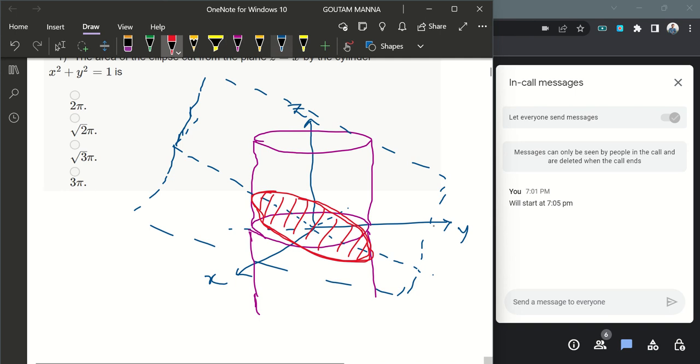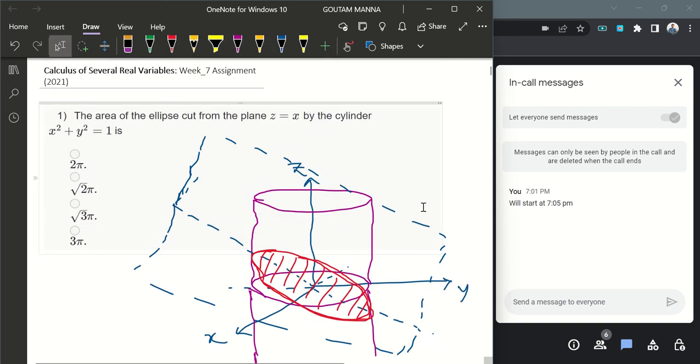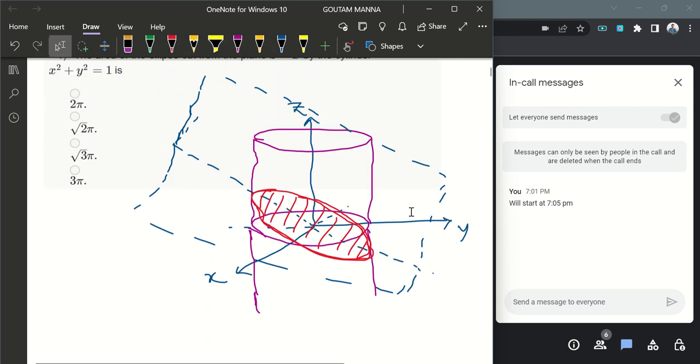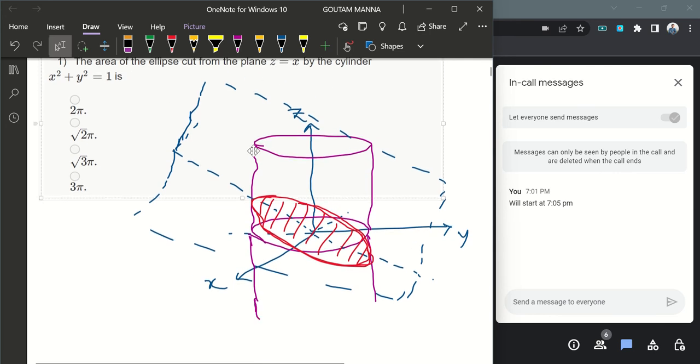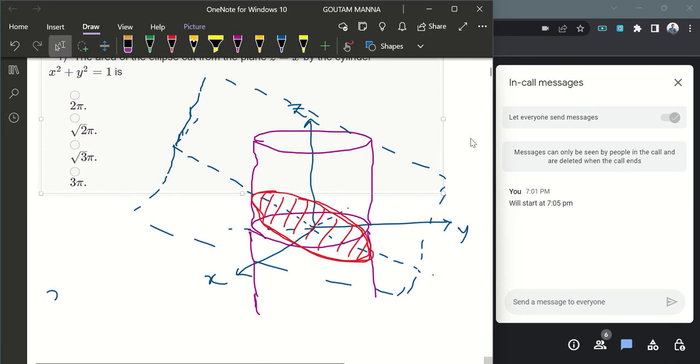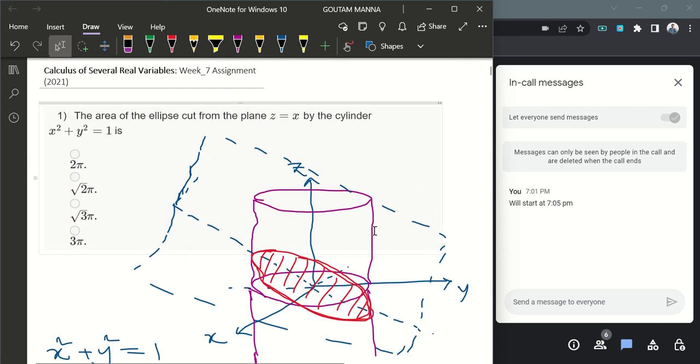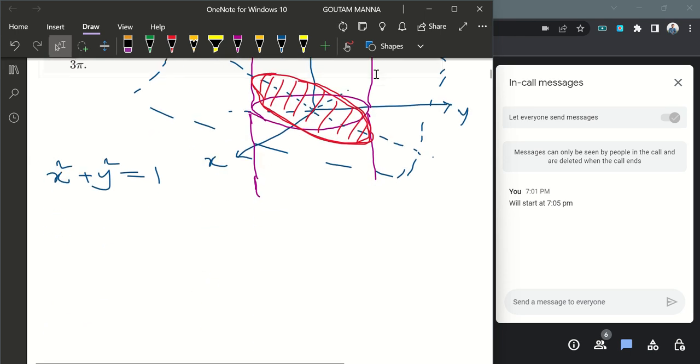So now let's parameterize this surface. The equation of the cylinder given is x square plus y square equals 1 and the plane is z equals x.